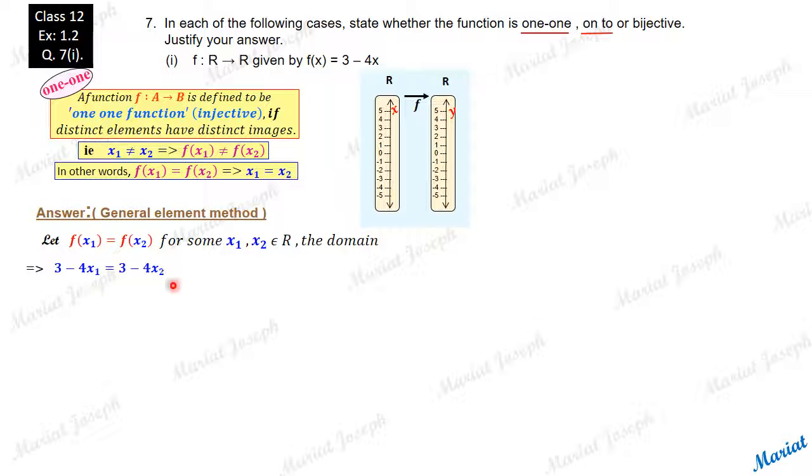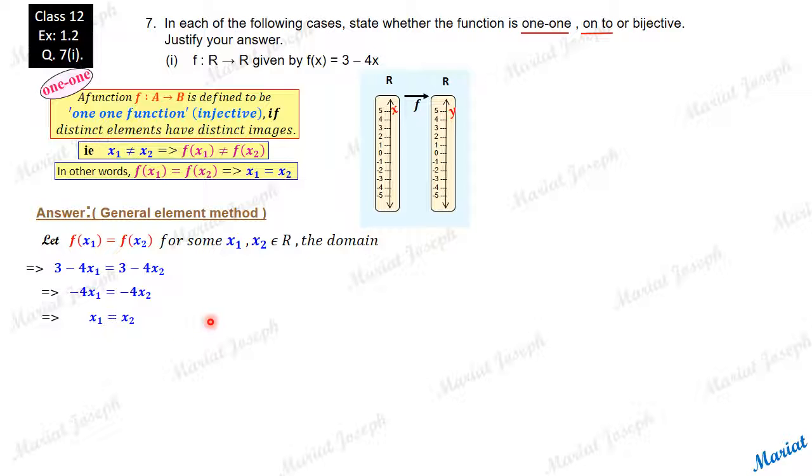Let's simplify further. Yes, this is simply a linear equation. This implies that minus 4x1 equal to minus 4x2. Dividing by minus 4 on both sides, we have x1 equal to x2. Clearly, the equality of these two images implies that x1 and x2 must be equal.